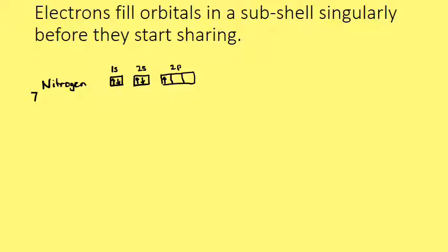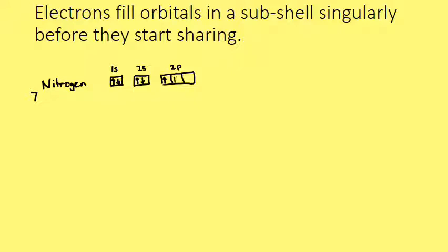Okay, so we have a choice now. We could write the 6th electron in the same orbital as the 5th electron has gone into, but that wouldn't be following this rule, would it? The rule says the electrons are going to fill orbitals in a subshell singly.